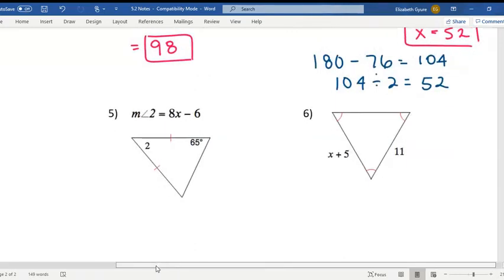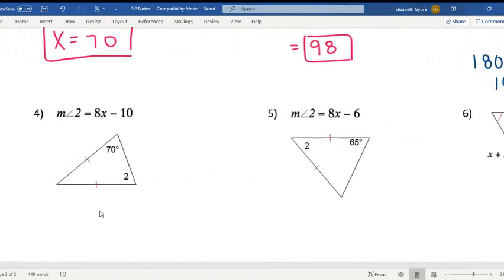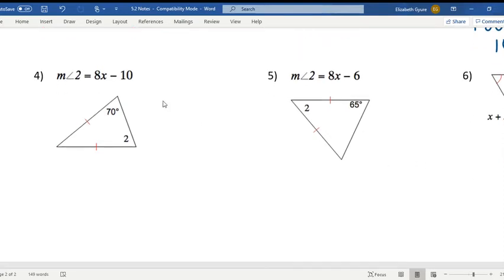Now these ones, 4 and 5, are similar, but it's giving you an expression for the angle. So if you want, you can always redraw it in there. That's what I sometimes do. So here's your isosceles triangle for number 4. This angle is 70, and angle 2, it's telling you, is actually 8x minus 10.